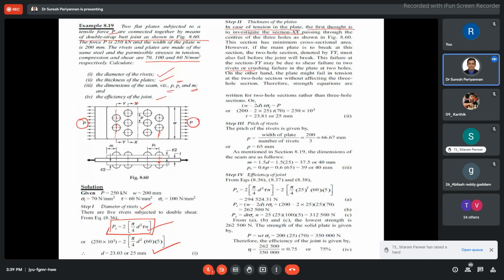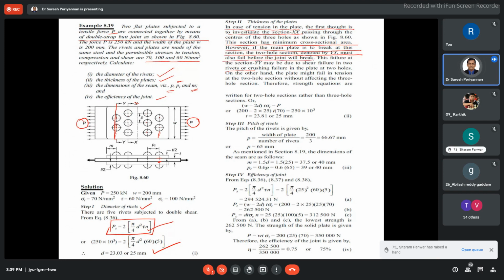See here, however, the section of minimum cross section area. If the main plate breaks at this section, the two hole section denoted by YY, the two holes must also fail before the joint will break. That is true, whatever I told.